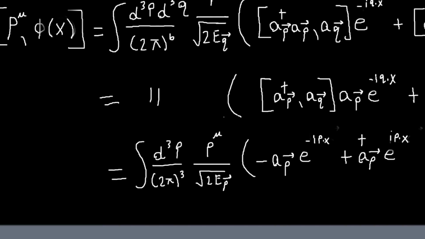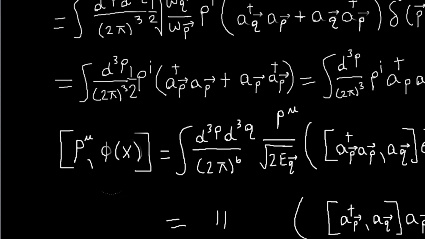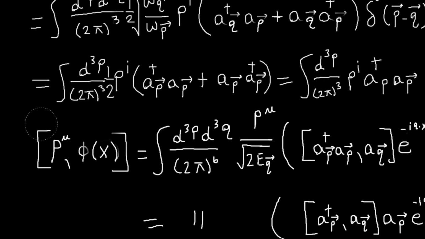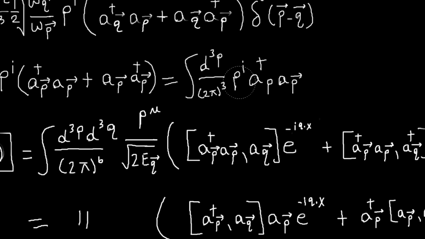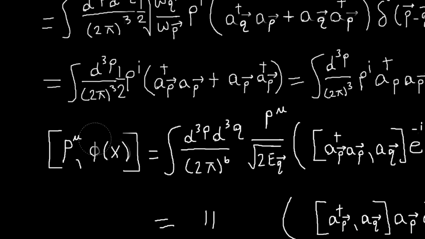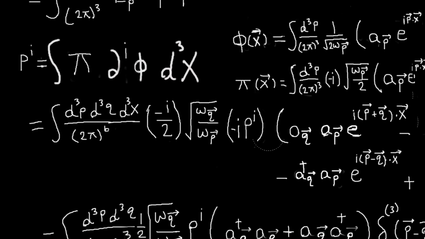The last thing we have to do is compute this commutation relation between the four momentum operator and the field. So again, we have this operator, and since our phi(x) is the Heisenberg operator, up here we were using the Schrodinger picture operator.